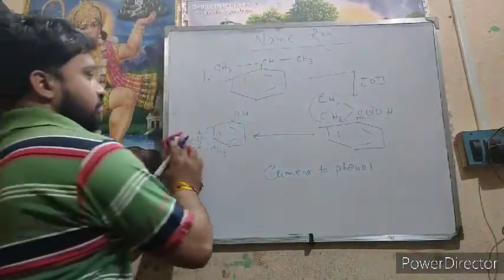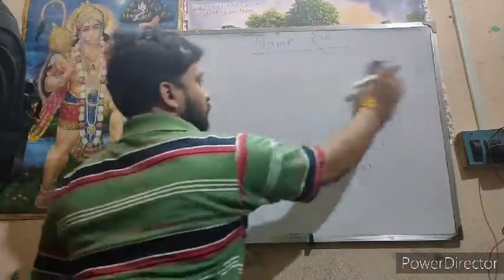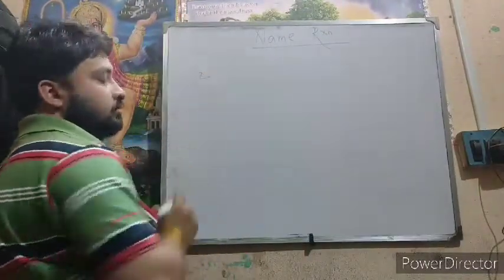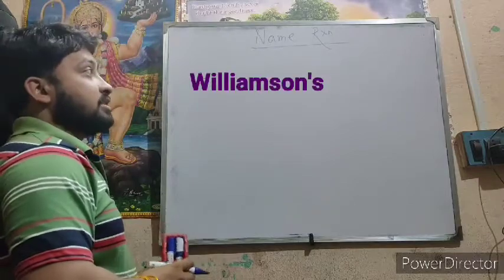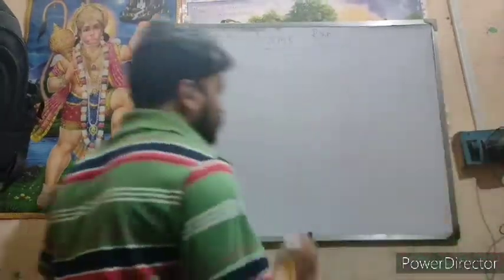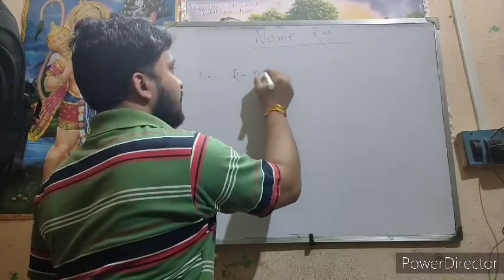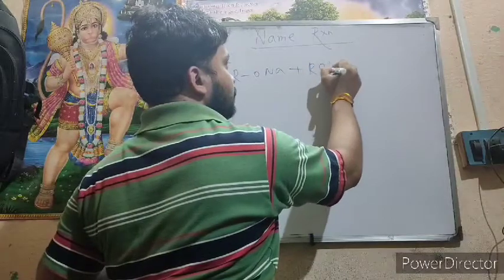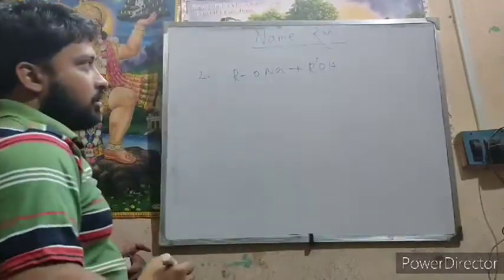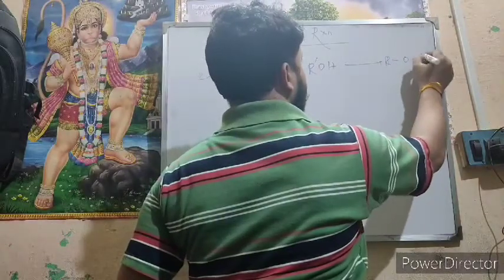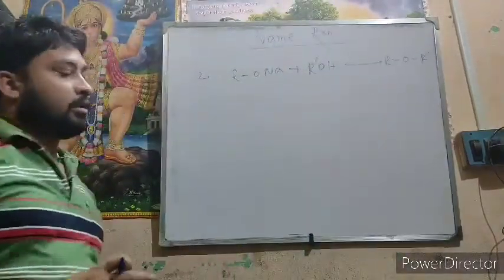Then the second, number 2, is Williamson synthesis. So what is the Williamson synthesis? This is RONa, and you react it with R-X, you get R-O-R. This is a simple process.